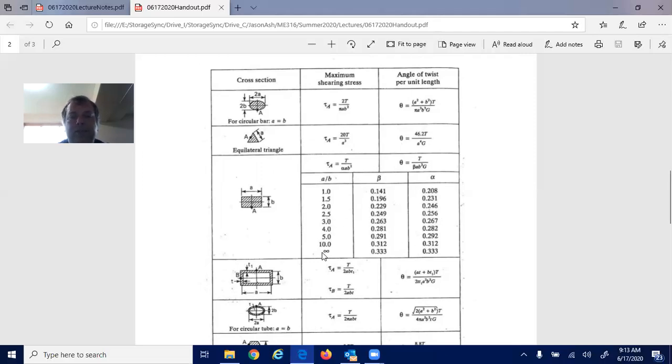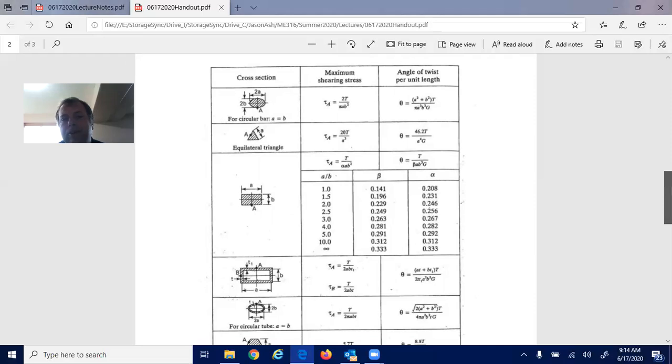As this goes to infinity, both beta and alpha go to 1/3. But this provides you a table that you can use to determine what the shear stress at A is and the angle of twist per unit length, just coming from the theory of elasticity.